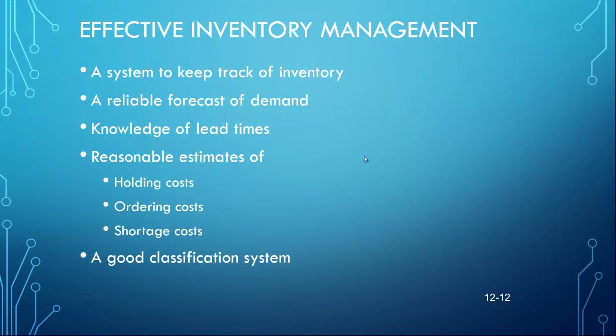This inventory management system should be able to forecast demand and order items based on the identified lead time. Using the generated data, the system should be able to generate estimates of holding, ordering, and shortage costs. The system should be able to classify inventory items in an efficient way.